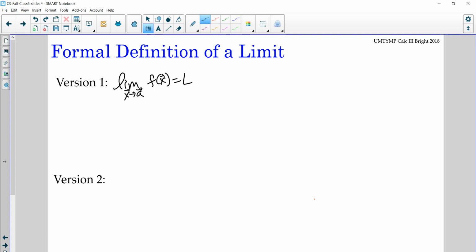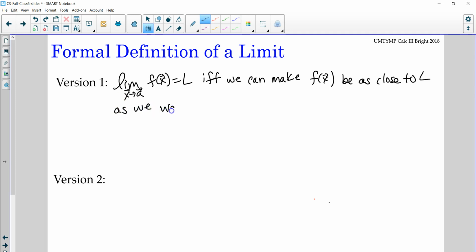And we said that that is the same as, if and only if, and this is using a little bit more colloquial language, we can make f of vector x be as close to L as we want by forcing vector x to be as close to A.